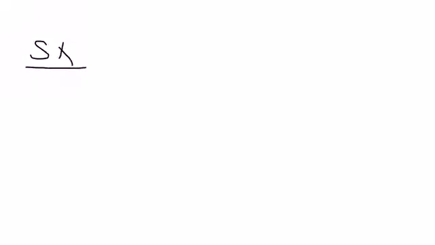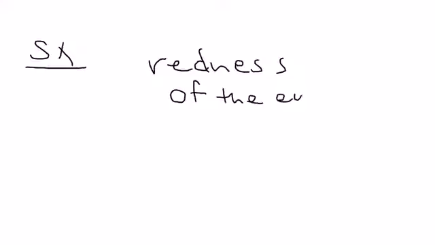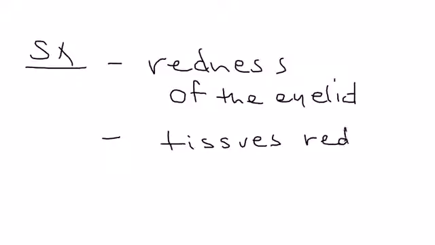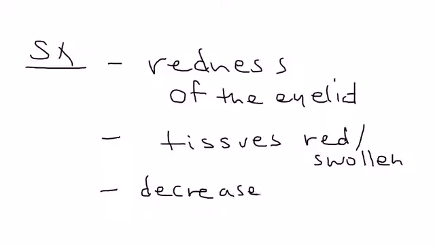So what are some of the signs and symptoms? Well, a lot of this you can probably deduce. There's going to be redness of the eyelid, but there's going to be lots of other severe findings. The surrounding tissues will also be swollen and red. In addition, you're going to have decreased ocular motility, so the eye movements will be compromised.